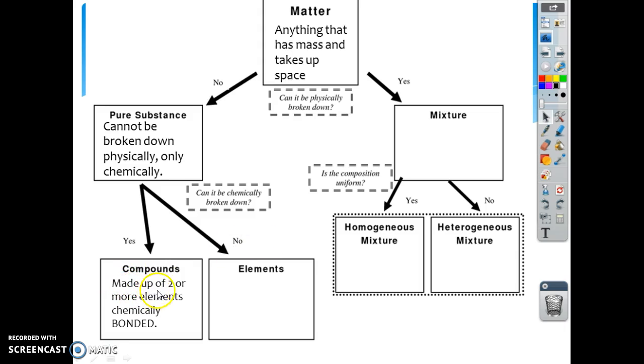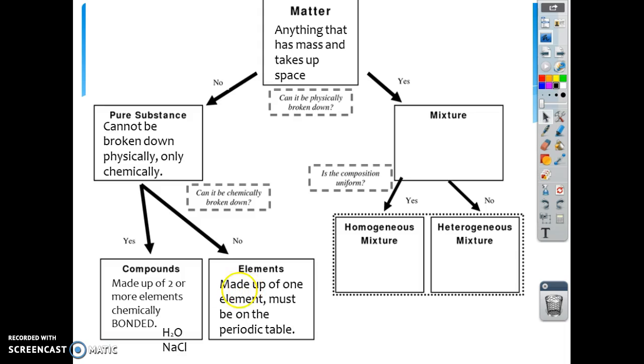So if it's made up of two or more elements chemically bonded or joined together, like H2O, CO2, NaCl, that's a compound. If it's not, and you find it on the periodic table, it's only one element, it falls under elements. So that's like iron, carbon, oxygen, when they're hanging out alone.